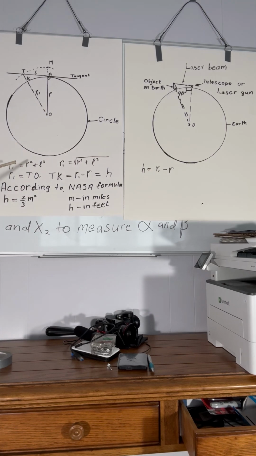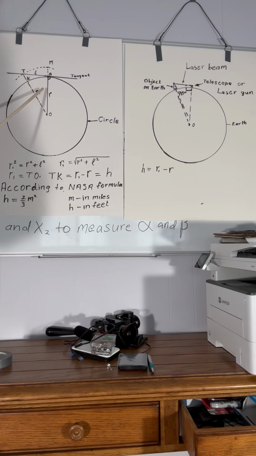And in trigonometry or algebra, we say that R1 squared, this is TO, is the sum of the two squares, R squared plus L squared, because this is 90 degrees. Now, that means R1 is TO, and TK is the difference, the length that is long.